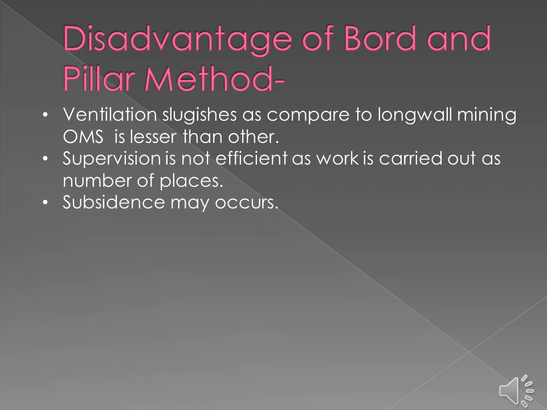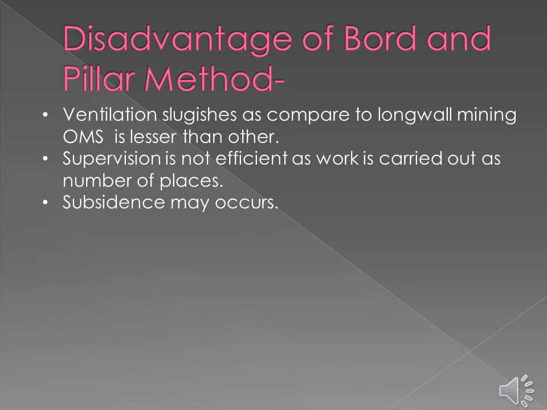Ventilation is sluggish, and compared to longwall mining, OMS is lesser. As we already know, in underground mining ventilation is the most important part of safety measures. And OMS means output per man shift, the output produced per person in a shift.